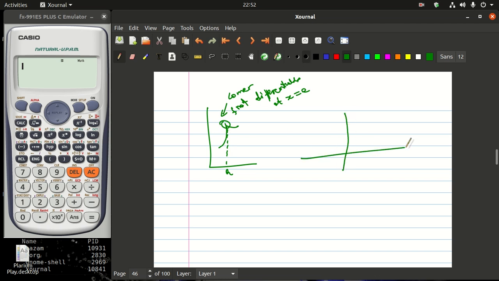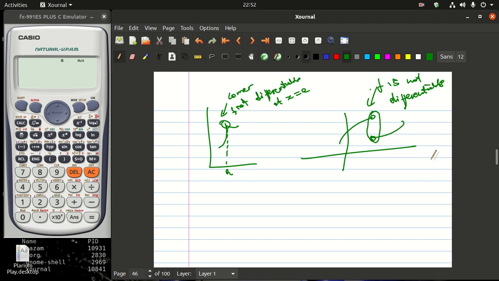And then again, if you have a nice function with a jump discontinuity at that particular point, since you have a discontinuity, f is not differentiable.